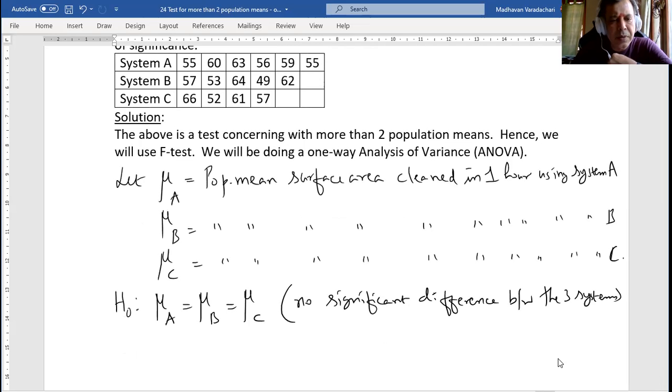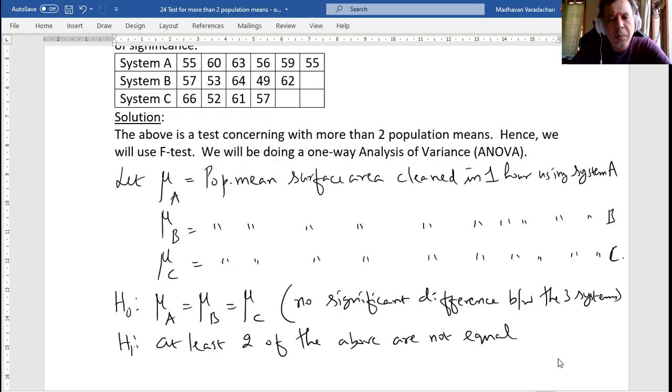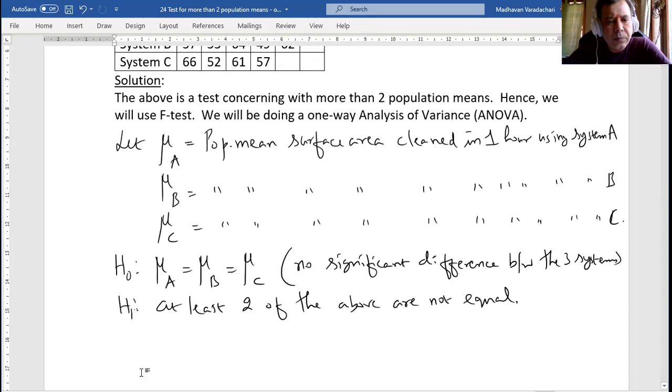That will be our null hypothesis. The alternative will be that even if two of them are not equal, it becomes the alternative hypothesis. So at least two of the above are not equal. That will become your alternative hypothesis.